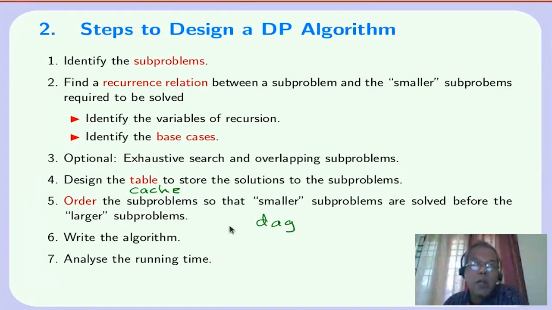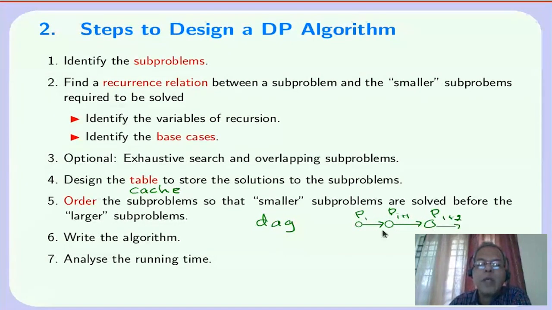The dependency is all in one direction. There is no dependency in the opposite direction. We will never come across a situation where the subproblem Pi is needed for Pi plus 1, which is needed for Pi plus 2, and so on, and Pi plus 2 is needed for Pi. This will never happen.